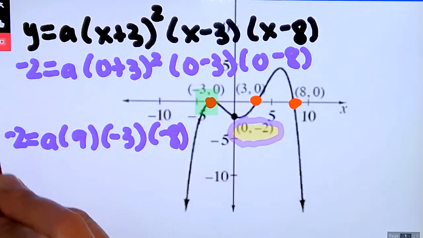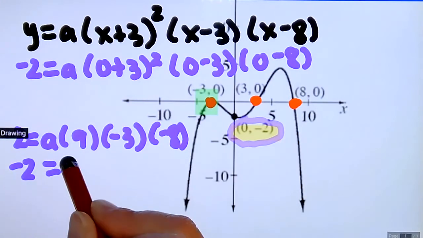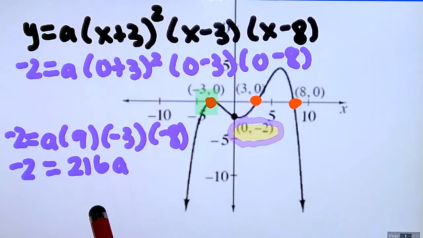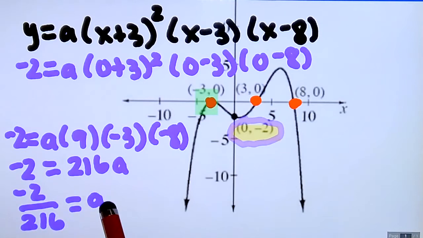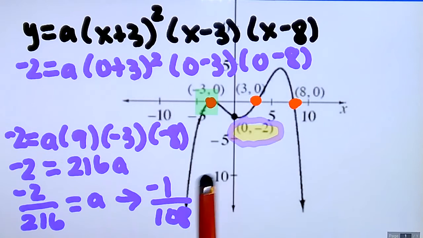So I get -2 is equal to 216a, and I'm going to divide by 216. So I get -2 over 216 equals a. I can simplify that, and so my a would be -1 over 108, and that's what I'm going to be putting in place of my a.